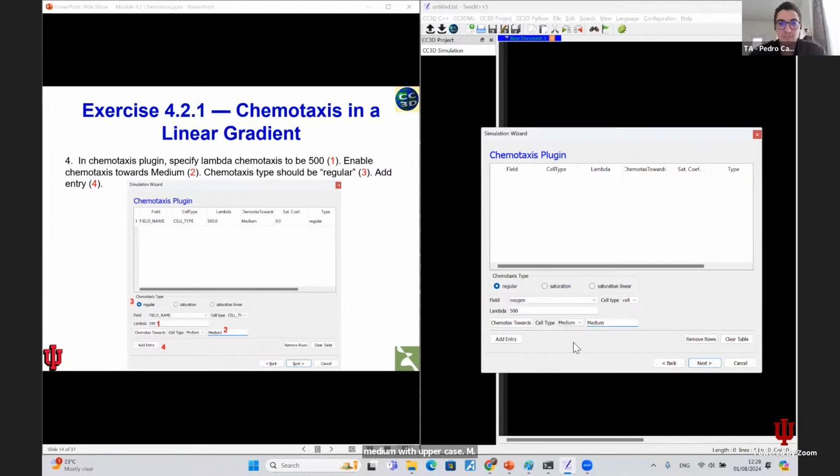Third step is choosing regular. In this step, we don't need to do anything because by default, it selects regular for us. And then add entry.